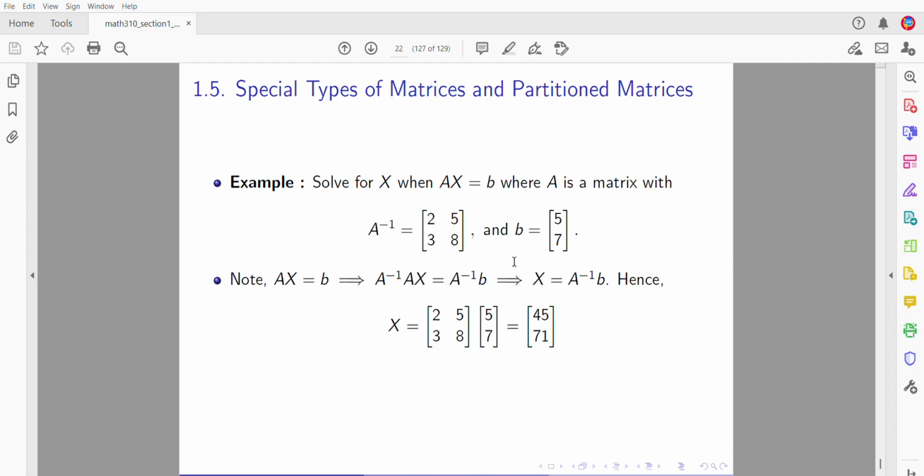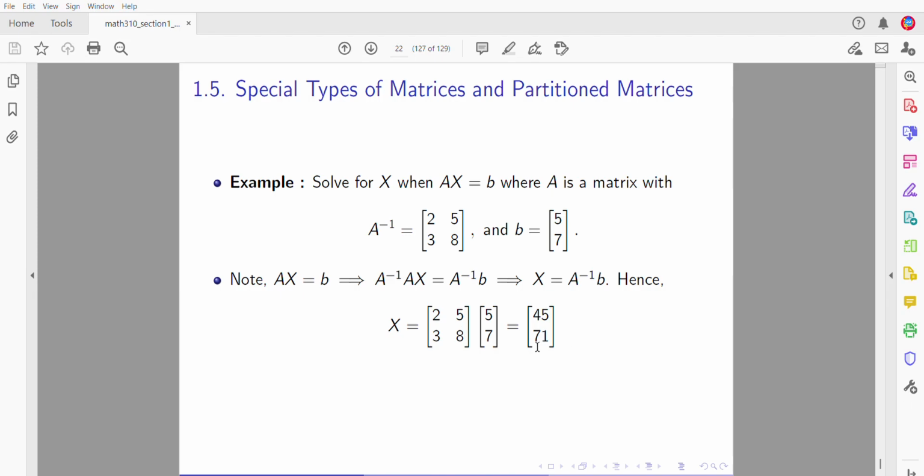A inverse A gives you identity. Identity times x is x. So x equals A inverse b. Well, you are given A inverse, you are given b, all you need to do is multiply to get x. 2 times 5 plus 5 times 7. 3 times 5 plus 8 times 7.